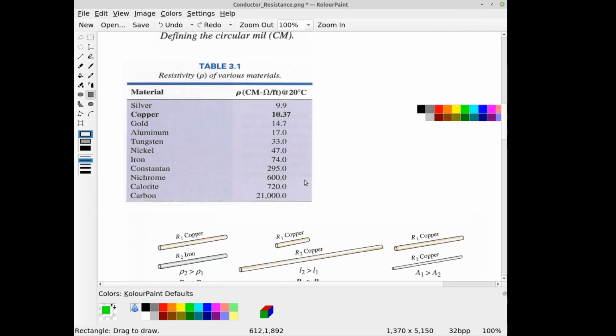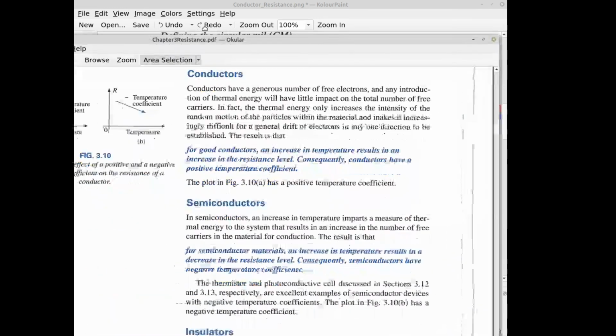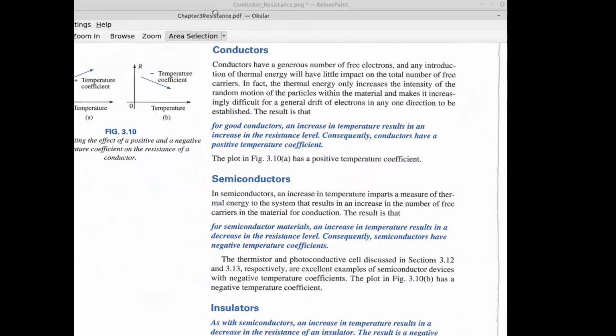All right, so given these, and again, remember that the resistivity is given at a temperature of 20 degrees. Now, for certain materials, as the temperature changes, it's going to affect the amount of resistance.